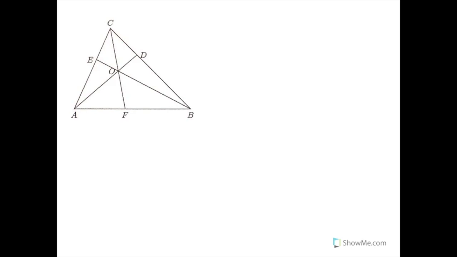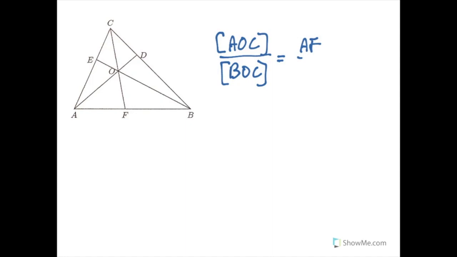Now we can move on to the proof of the original theorem, Ceva's theorem. Okay, so considering the last theorem that we proved, we can write that the ratio of the area of AOC over the area of BOC is equal to AF over FB. But we can also write this for the other two sides.